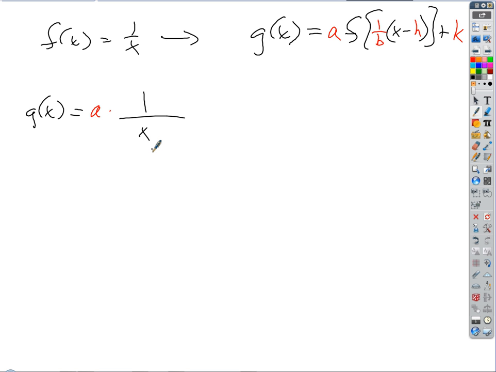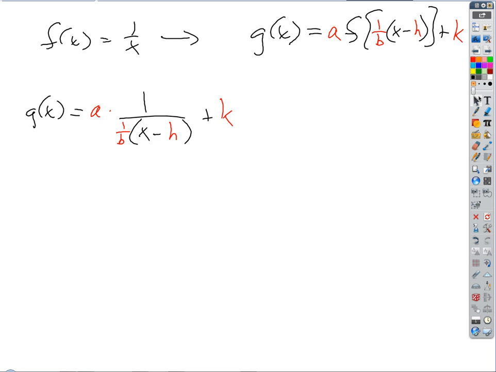So this is a little odd, but the B goes on the bottom in this case. So the 1 over B goes right there. And then I'm going to always subtract the H from the x in parentheses, and then at the very end, outside of everything, I just add a K. Does that make sense? So that's what it would look like for this parent function, right?